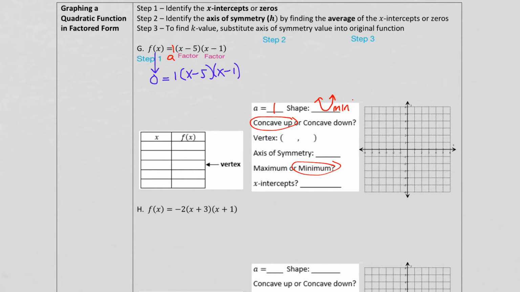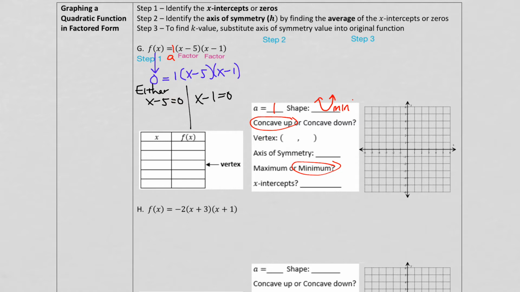So for this equation to work, either the factor x minus 5 equals 0, or the other factor, x minus 1, equals 0. By solving these little equations, the results that I get will be my x-intercepts.